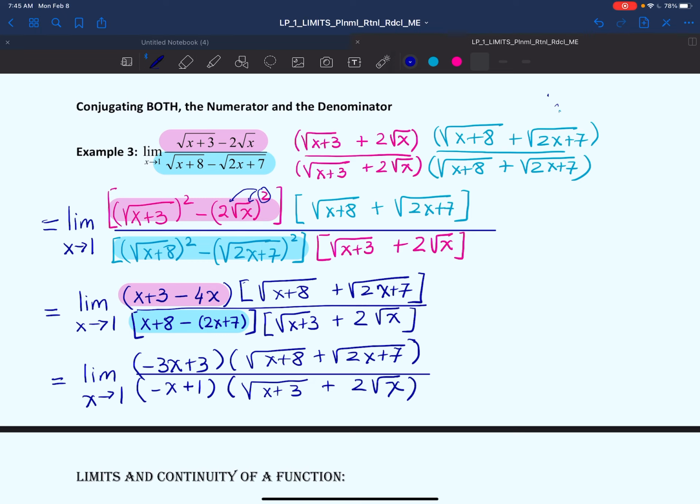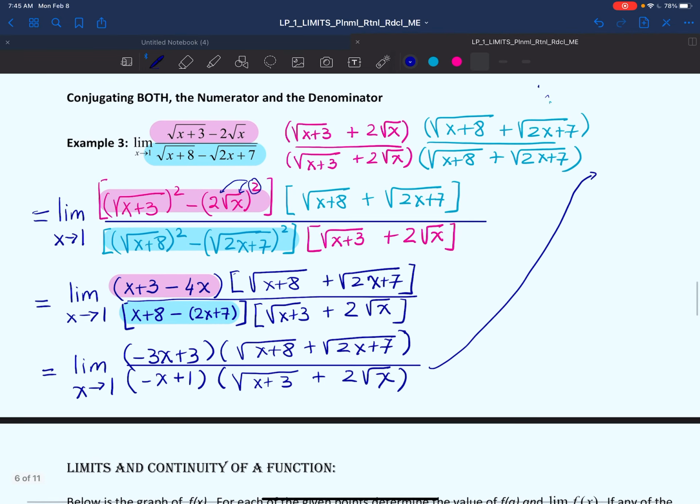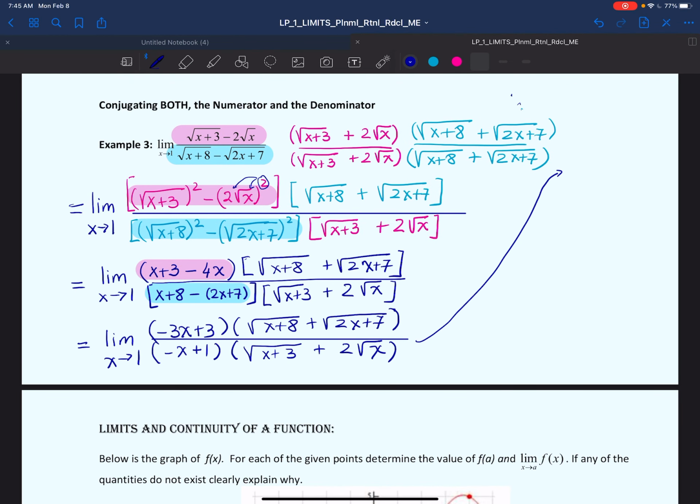All right, so we're going to take things a little bit further down here. Let me zoom out here. Okay, so I think we don't need to go that far because we're almost at the end. Here we have more space. Now, notice how we have one factor in the numerator and one factor in the denominator radical free.